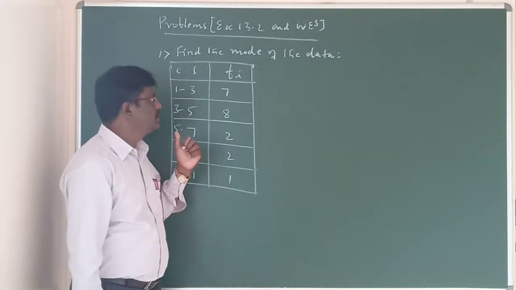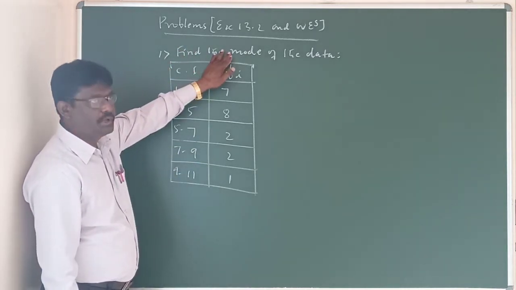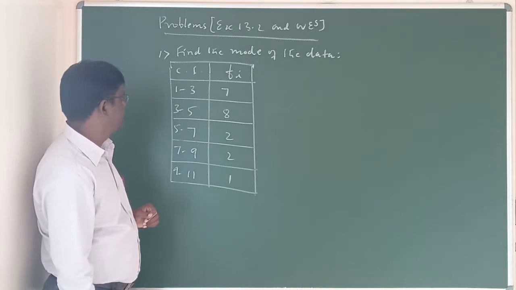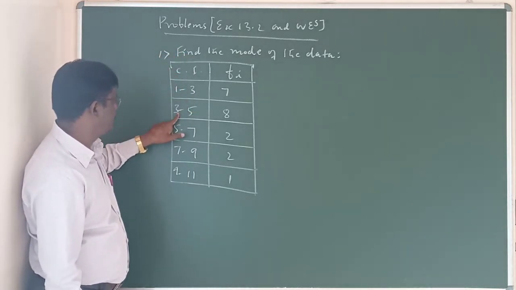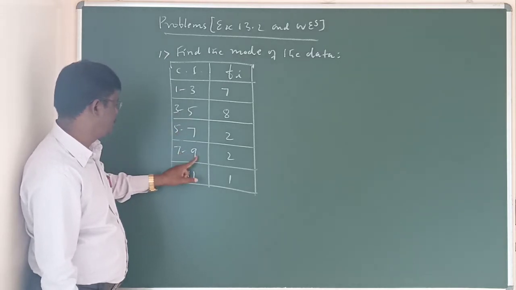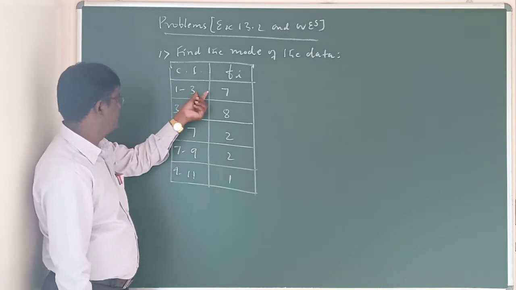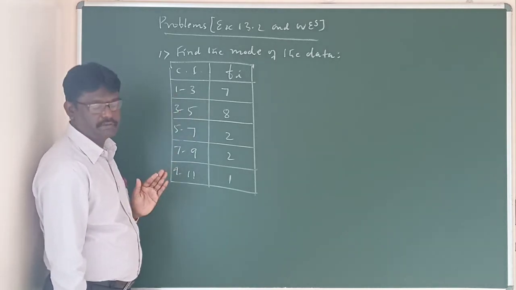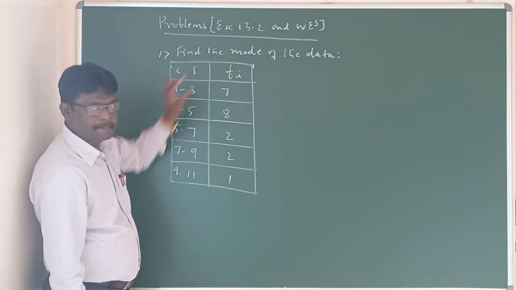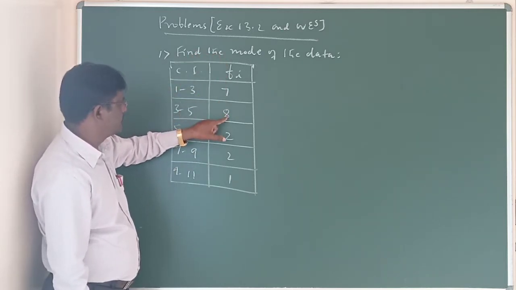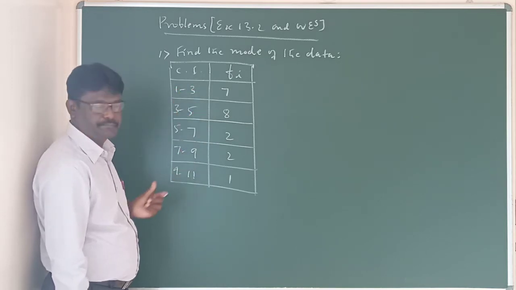Okay children, now we shall try to find the mode of this data. The class intervals are 1 to 3, 3 to 5, 5 to 7, 7 to 9, 9 to 11. Are they exclusive or inclusive class intervals? You know that. Next, the frequencies of the class intervals.